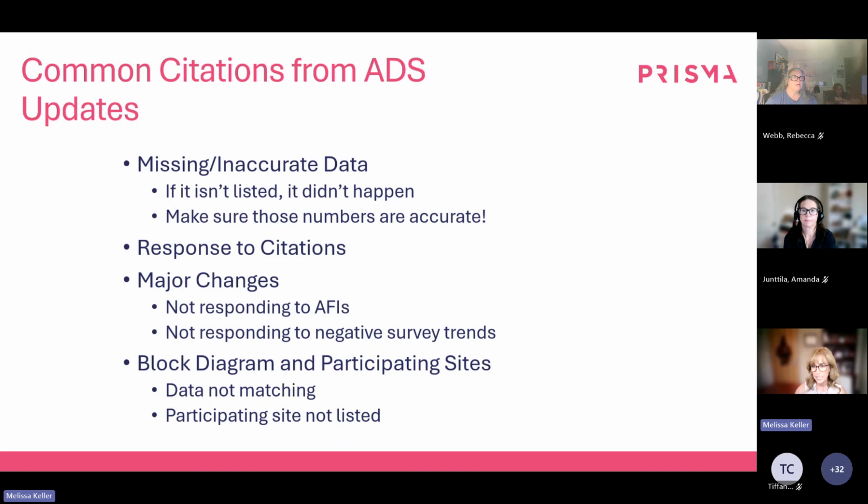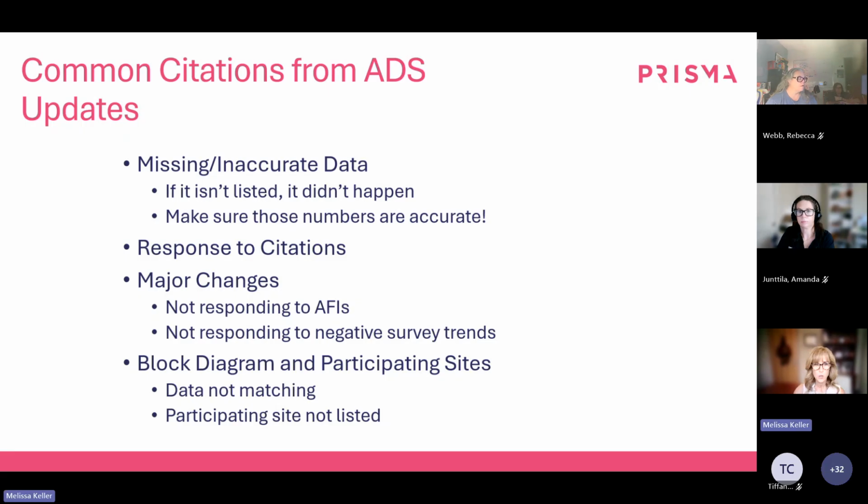And so you fix it and you just say, well, we've always had it, it's there. That's not the response to citation. You need to do a robust response to citation that it was inadvertently left off, residents are going to this institute, getting this number of patients for the last 5 years. So make sure those responses match what the ACGME is looking for.